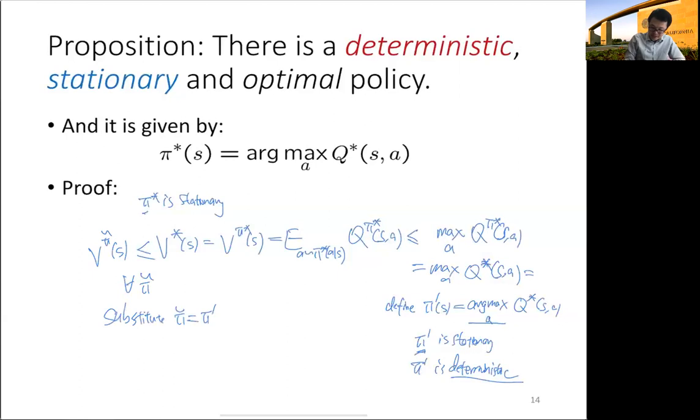On the other hand, the right-hand side is the same as Q pi prime of S, A, and since this is stationary, this is further equal to V pi prime of S. Therefore, even though we have inequalities throughout, both the left-hand side and right-hand side are the same, which means that everything is equal, which means that this pi prime is also optimal.